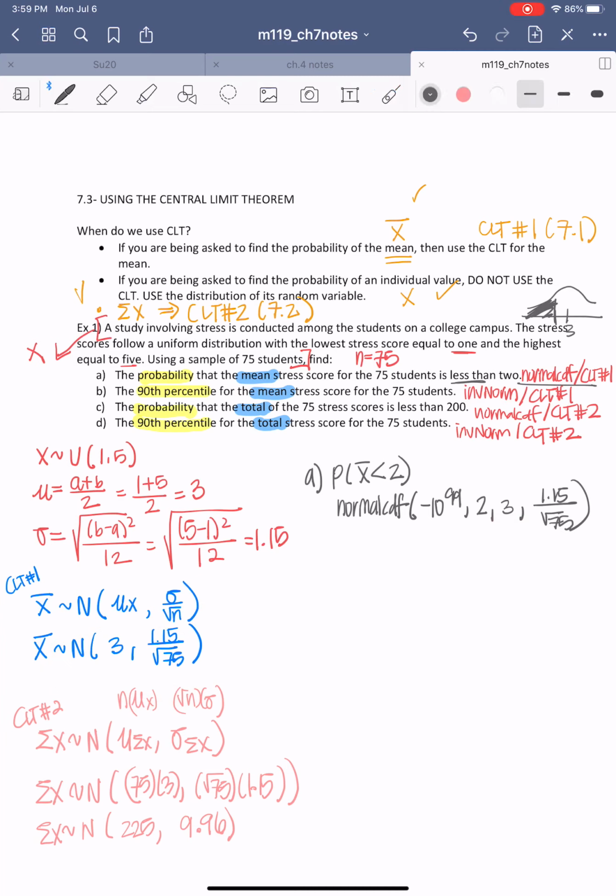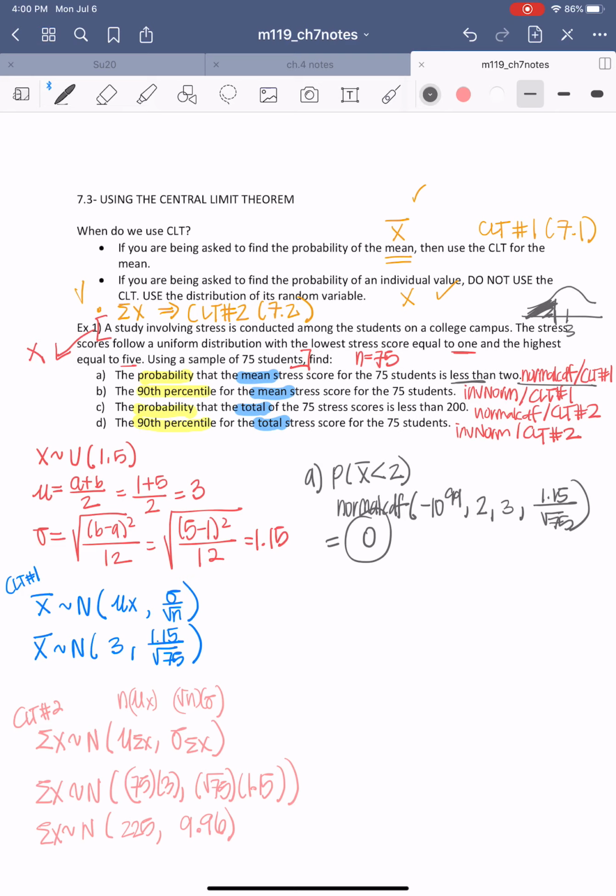All right, so calculating, I have 0, okay, 0%. Does it make sense to have 0%? We didn't really have 0 in the past. Well, think about this. You're looking for the average score to be less than 2, but you have a lowest test score equal to 1.